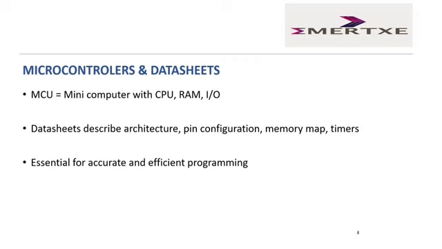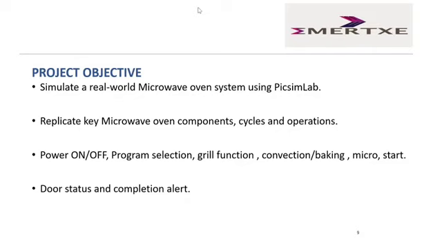Project objective: simulate a real-world microwave oven system using PICSIMLab and replicate key microwave oven components, cycles and operations, such as power on or off, program selection, grill function, convection or baking, and micro start.